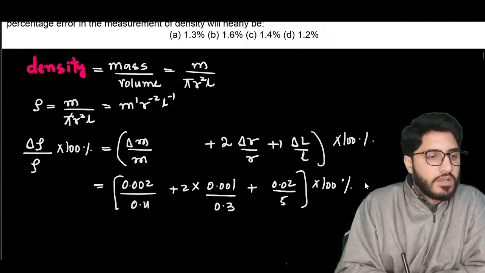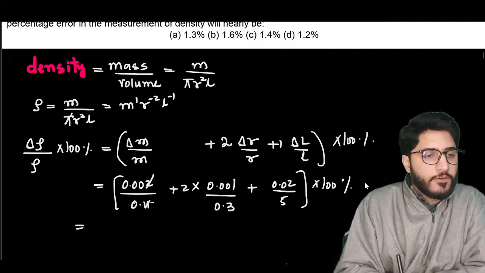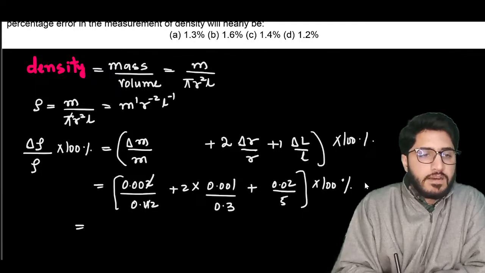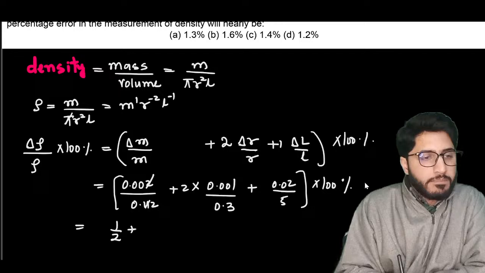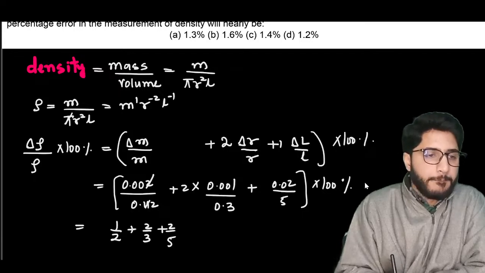Okay. Now 2 ones are 2, 2 twos are 4. Now, we have 1 by 2. I can write this as 1 by 2 plus 2 by 3 plus 2 by 5.